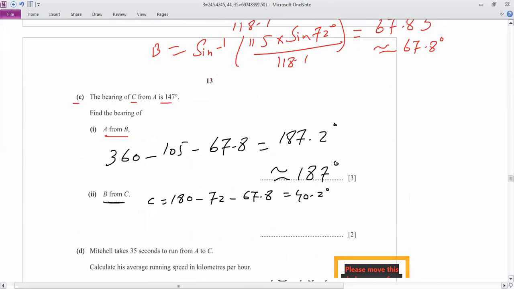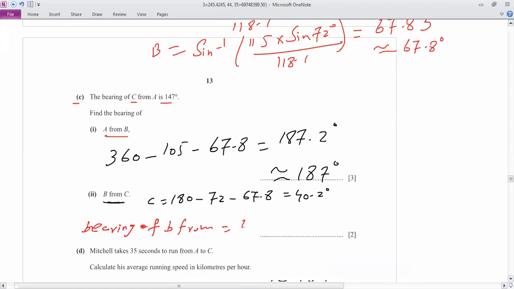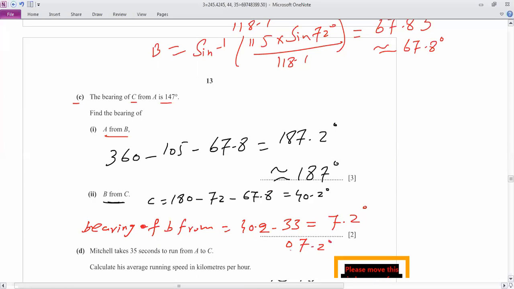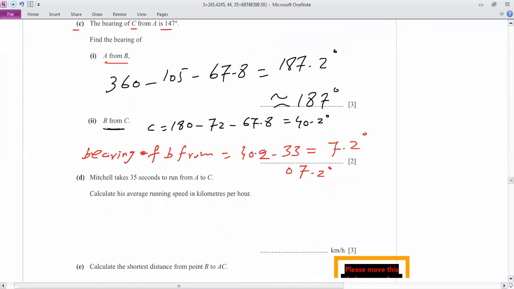So the bearing of B from C is 40.2 minus 33, which is 7.2. And a bearing is always a 3-figure angle, so you can write 007.2 degrees. Three places must be there.